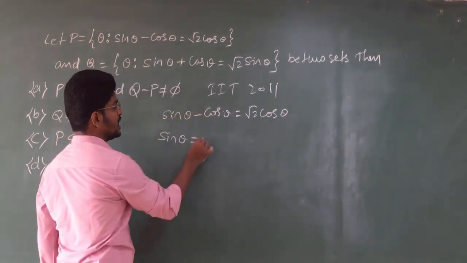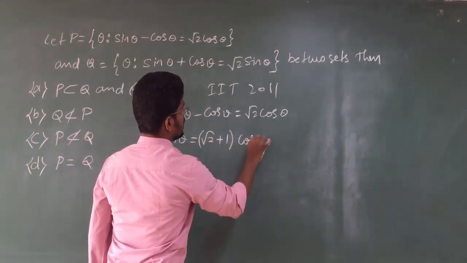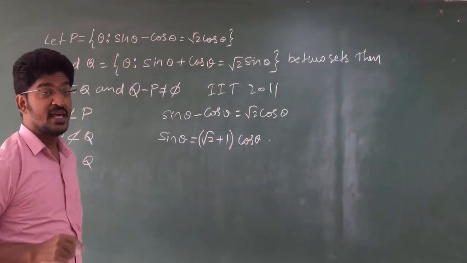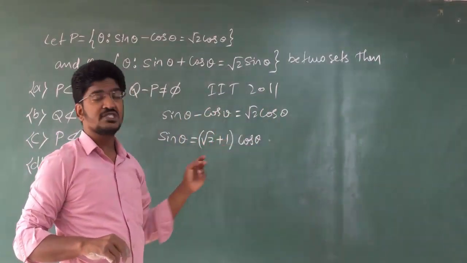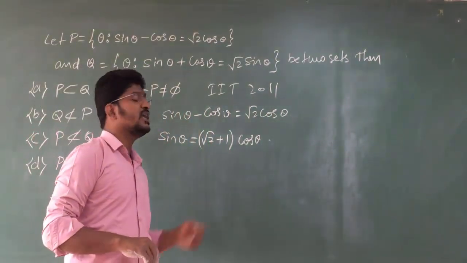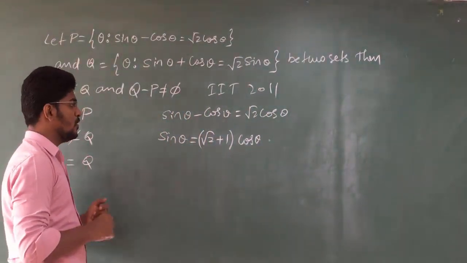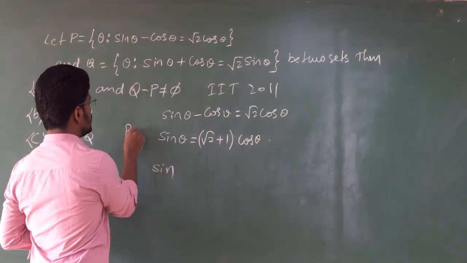That means I can take cos theta common, and the remaining term is root 2 plus 1. No problem. This is nothing but P.